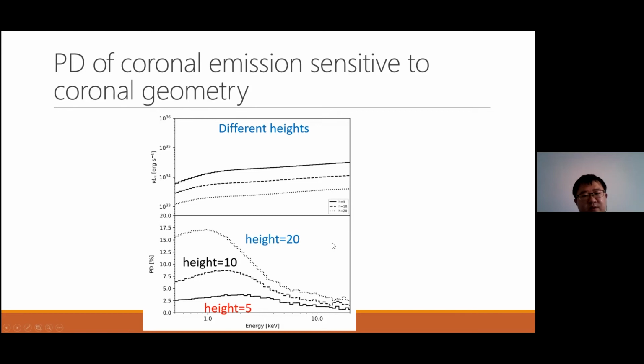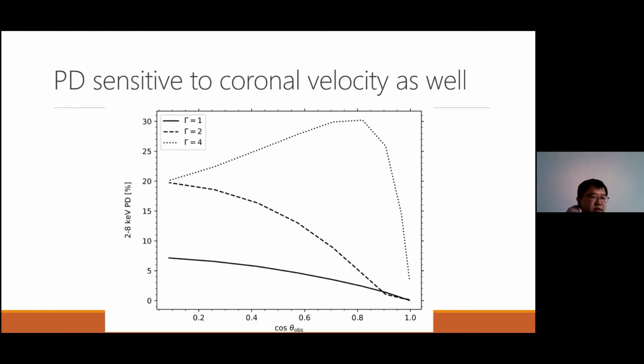So it means we can also put constraints on the height of the corona, or on the geometry of the corona, with polarization. And it's sensitive to the velocity of the corona as well.